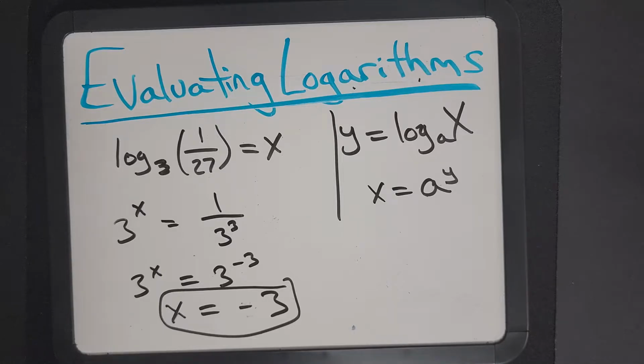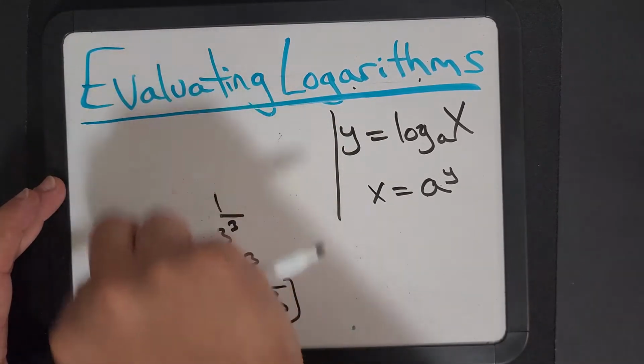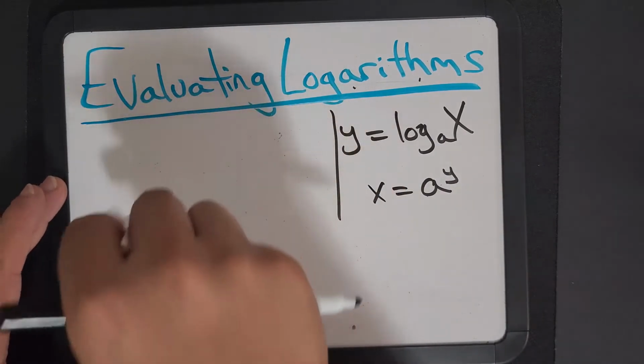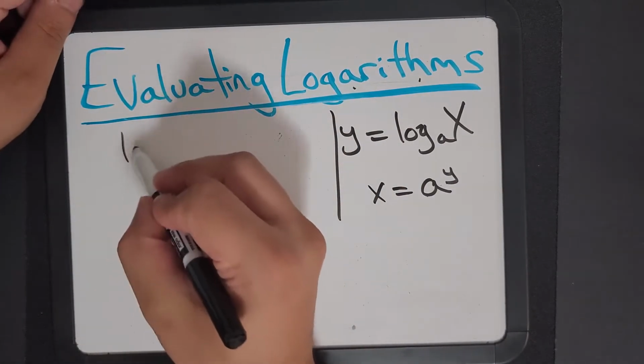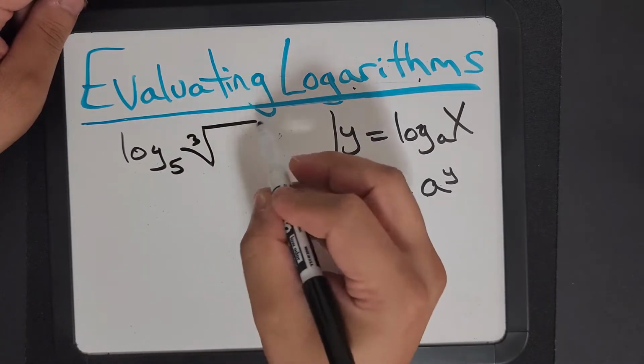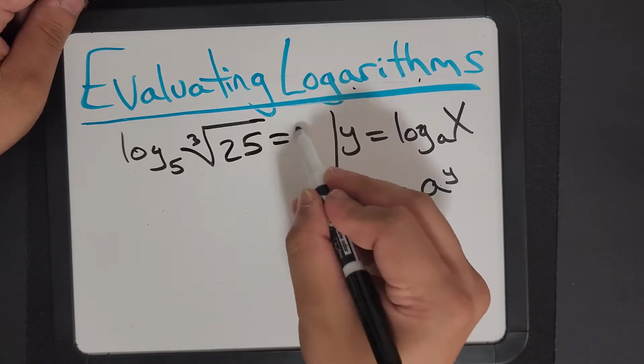I wonder what else we can do. Let's do log base 5 of the cube root of 25 equals x.